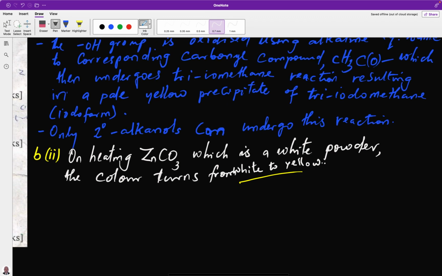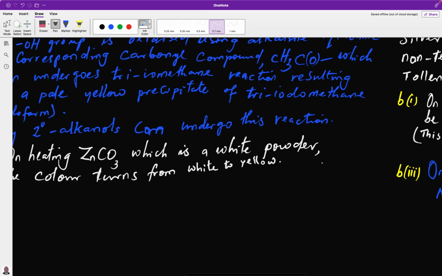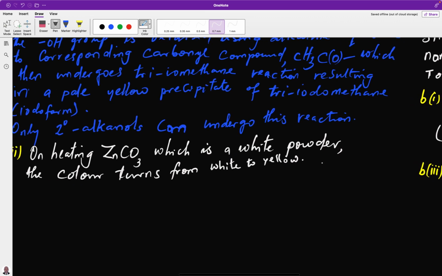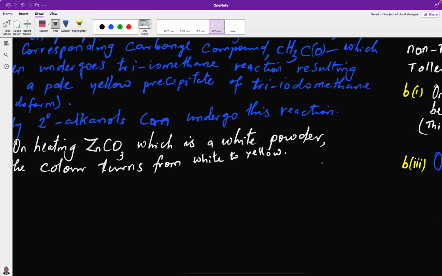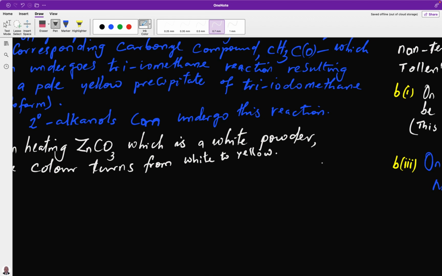That is B2. That was why I was indicating it. It's very, very important.